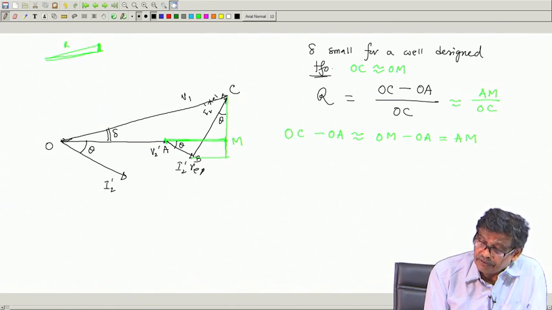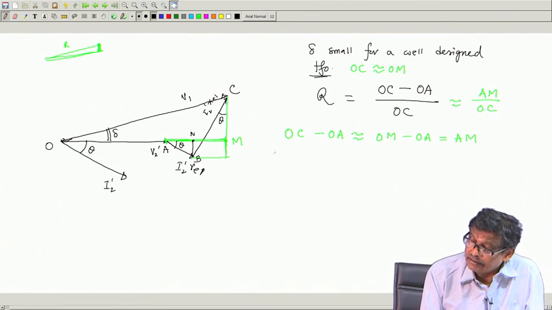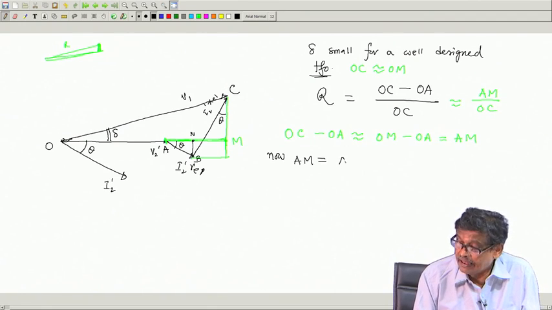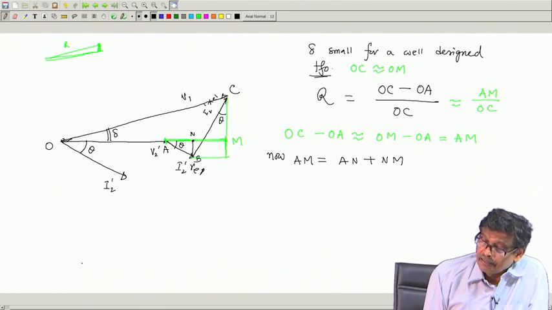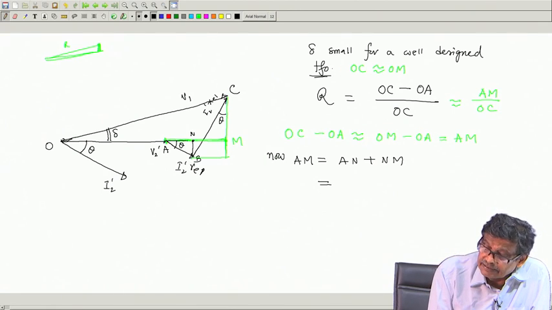Therefore, if you drop a perpendicular from point B to N, then now AM can be written as AN plus NM, and AN is this length.